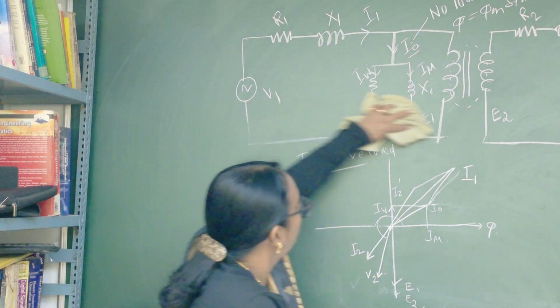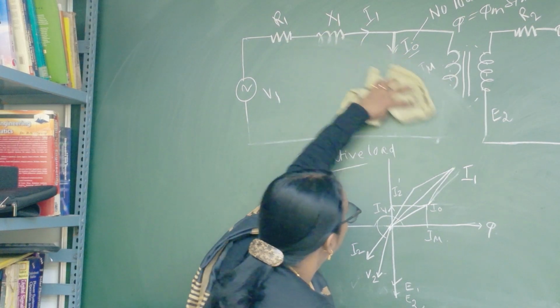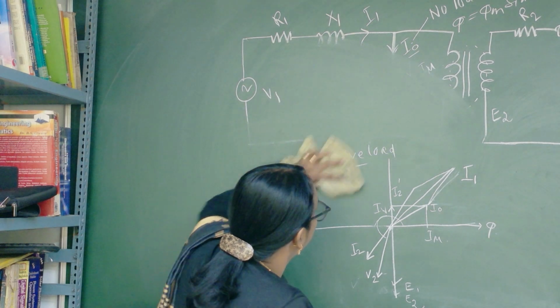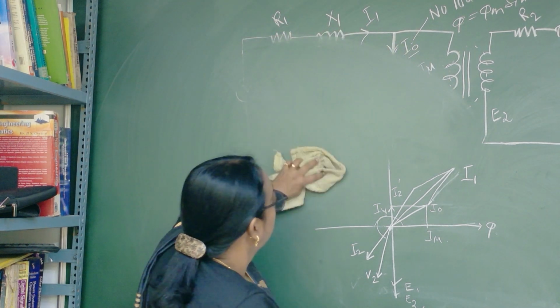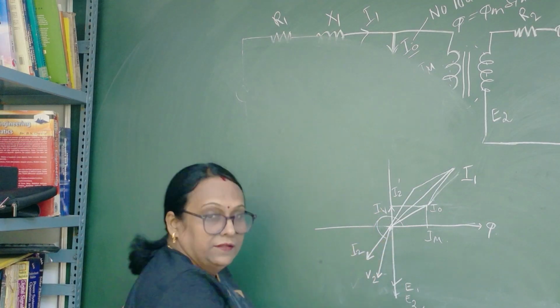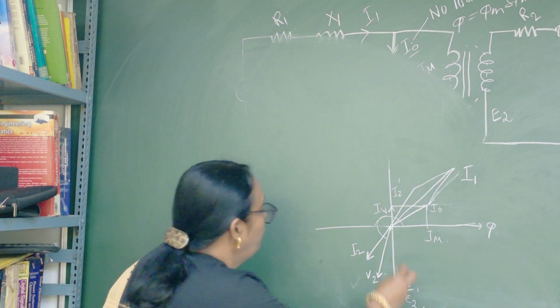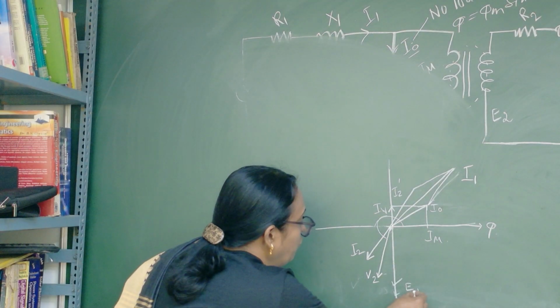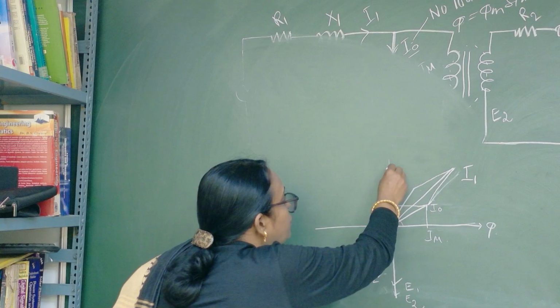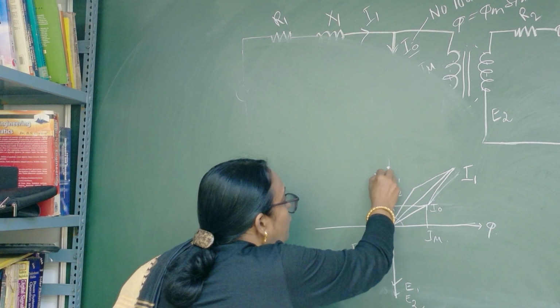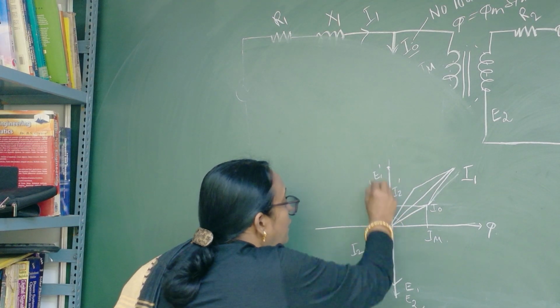Now you take this E1, the opposite of E1 is equal to E1 dash. So E1 dash is over here.